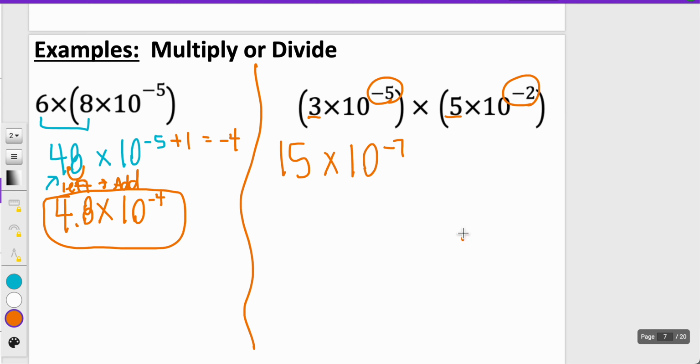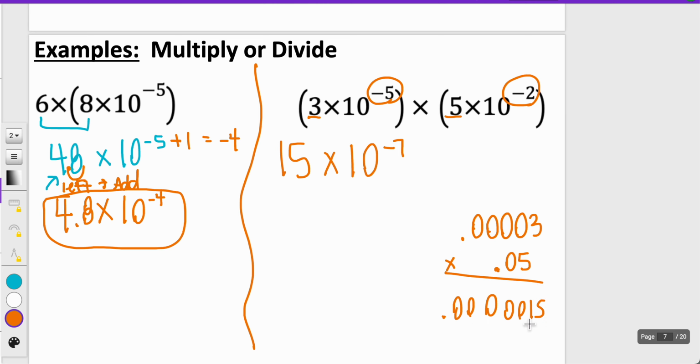So I could rewrite this as 3 times 10 to the 5th, which is 0.00003, 1, 2, 3, 4, 5. And 5 times 10 to the negative second is 0.05. So I'm going to test this out actually just to make sure I'm doing the correct rule. 0.00003, 4 zeros, times 0.05 gives me 0.00000015.